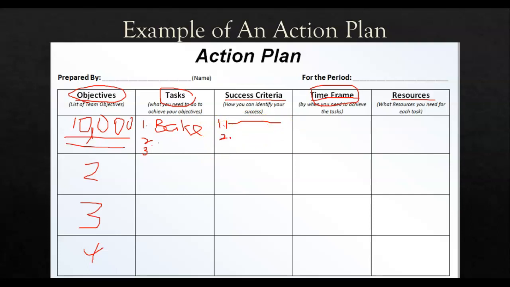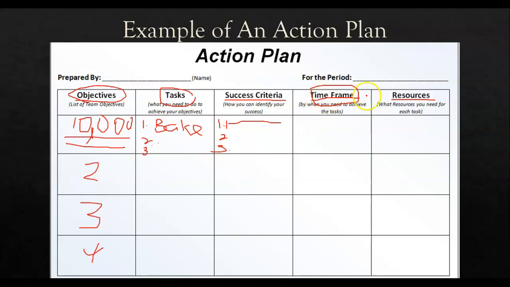Number two, 500 have decided to receive the bread. Number three, maybe 200 people have ordered the bread online on Facebook. So if this is done, it means that 70% of the goal is achieved.